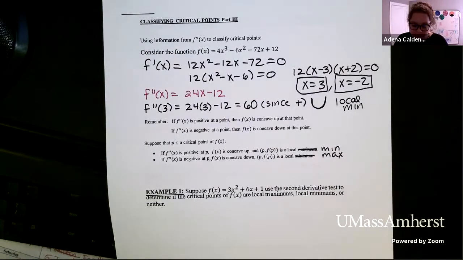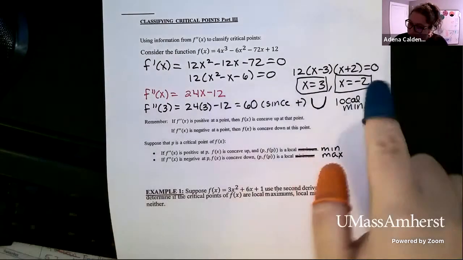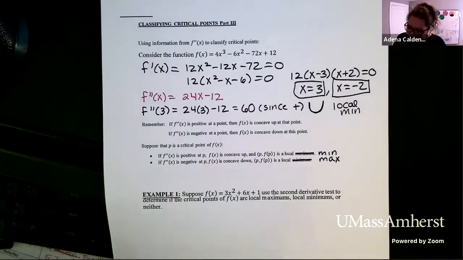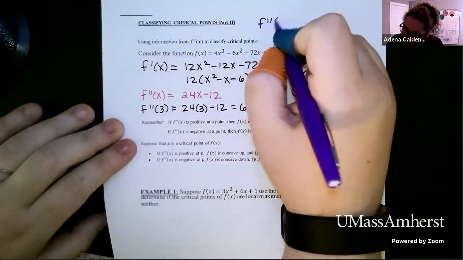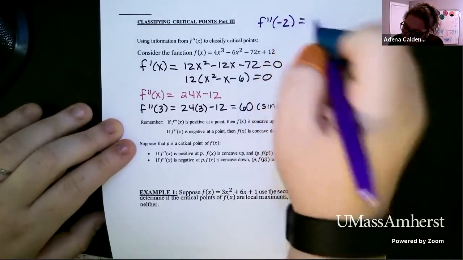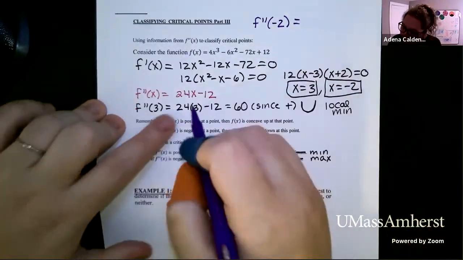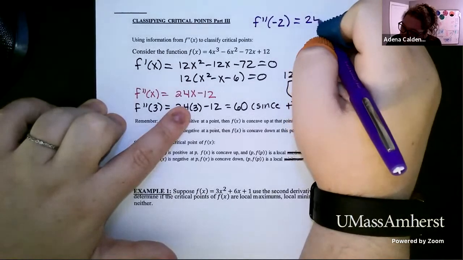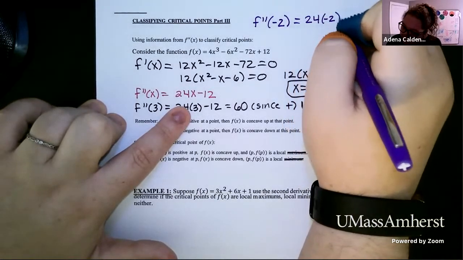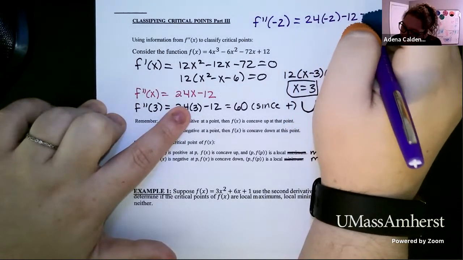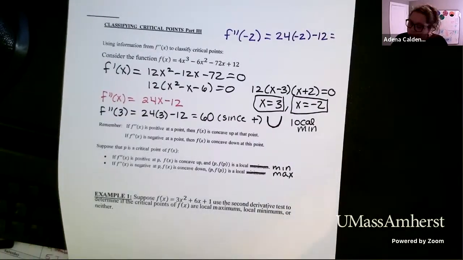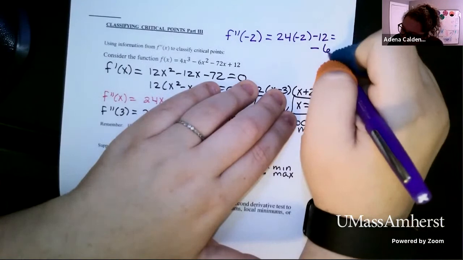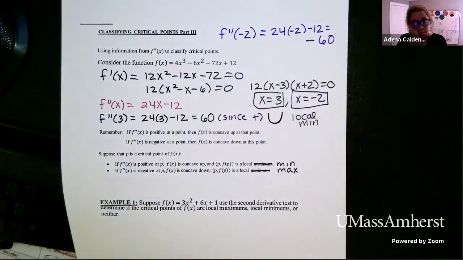Similarly, we need to test the other critical point we have, -2, into our function. So I'm just going to do it up here for space. So if we plug a -2 into our second derivative, we have 24 times -2 minus 12. So again, the number itself doesn't matter, but the sign does. So this is going to give us -60.